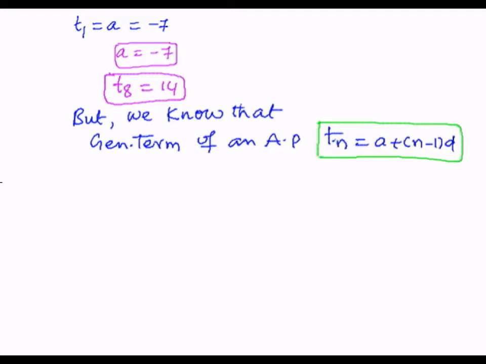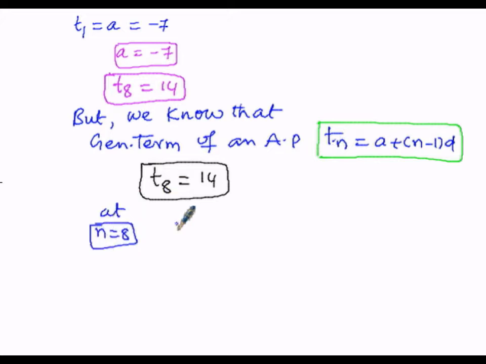Let us replace n by 8. At n equals 8, the 8th term equals a plus 8 minus 1 into d, where a is -7 and d is unknown, so we write d as it is.